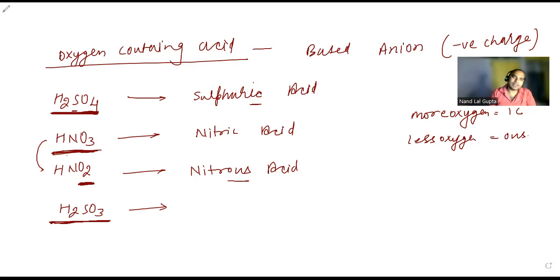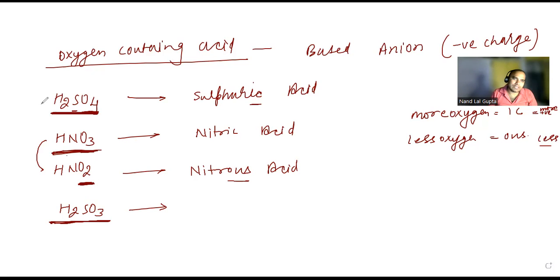Here the oxidation number is +6. Then you will ask why. It is difficult to tell you. And here it is +4. The concept is: more oxidation number, more positive charge means IC, and less means OUS. It is simple up to your level. Just simply memorize. Nothing much to do, just memorize.